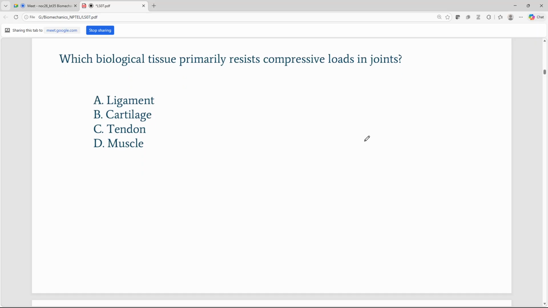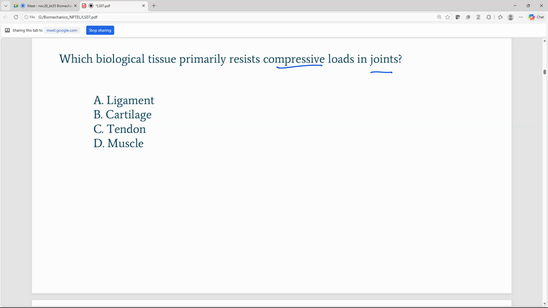Next question. Which biological tissue primarily resists compressive loads? Before it was tensile loads, now it is compressive loads. Which biological tissue primarily resists compressive load in joints? Options are option A, ligament, option B, cartilage, option C, tendon, option D, muscle.